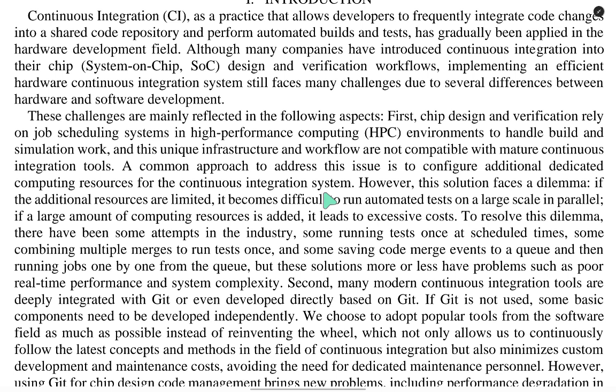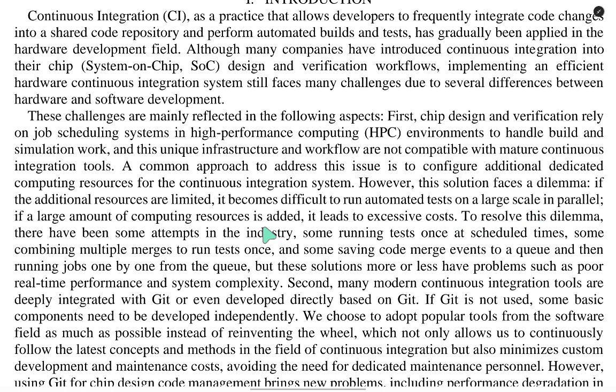However, this solution faces a dilemma. If additional resources are limited, it becomes difficult to run automated tests on a large scale in parallel. If a large amount of computing resources is added, it leads to excessive cost.